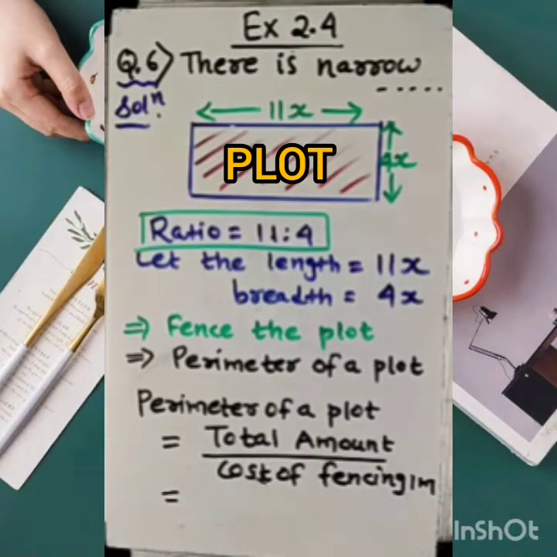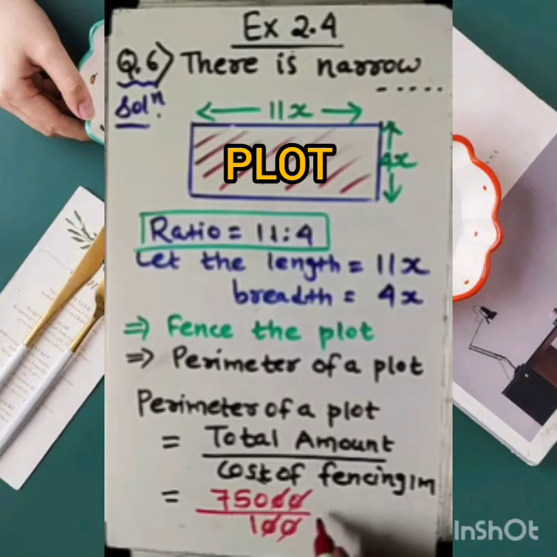So what is the total cost we are given? 75,000. Let me write here 75,000, 3 zeros. It will be divided by 100 per meter. So dear student, this will be 100, so I am cancelling this. So mine will have 750. Now what is 750?